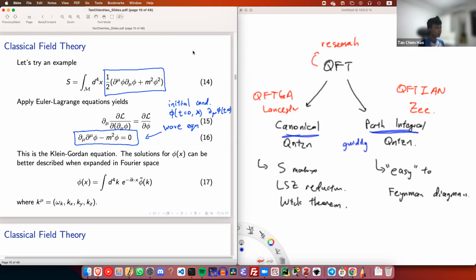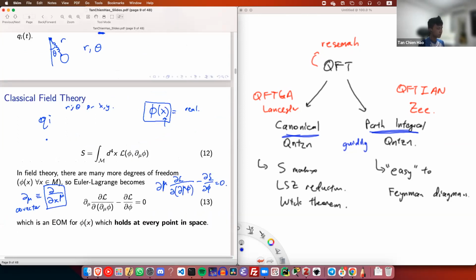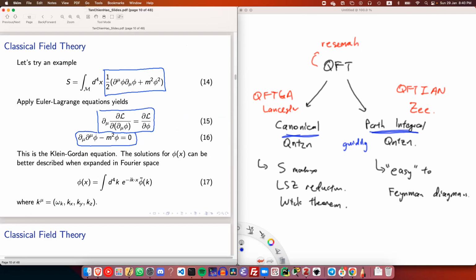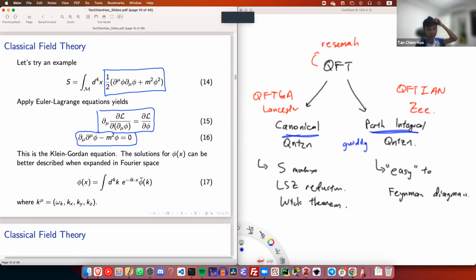Let me see. Who wants me to go through the step from this step to this step? Honestly, I kind of want to see that. Who wants me to go through it? Raise hand. If more than 2 people raise hand, I would do it. Okay, sure.